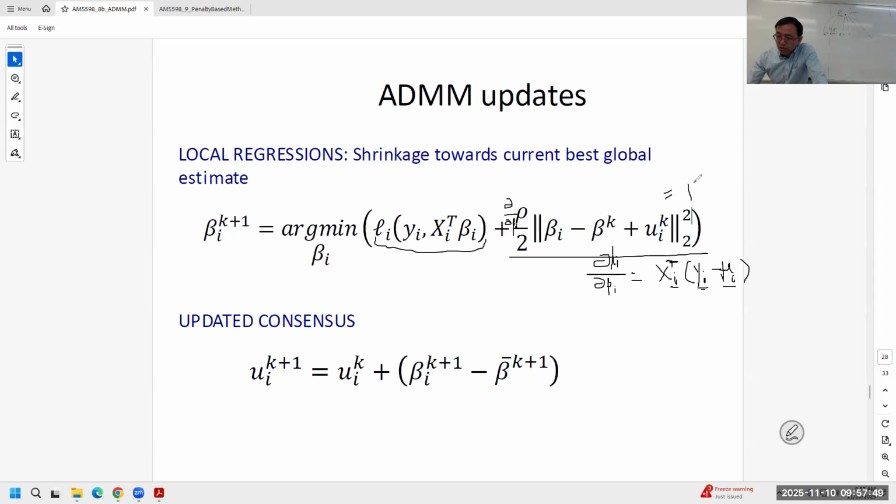This is going to be equal to rho times (beta_i minus beta_k plus u_i^k). This u_i and the mu_i are different, right? Let's just call this pi_i, which will be easy. Pi_i would be the parameter for the logistic regression. This u_i here is the Lagrangian multiplier from the Lagrangian.